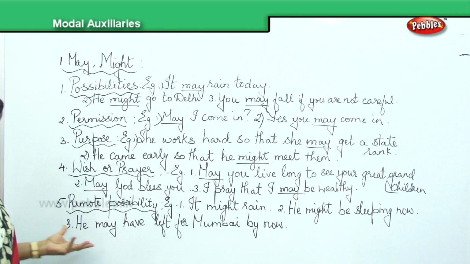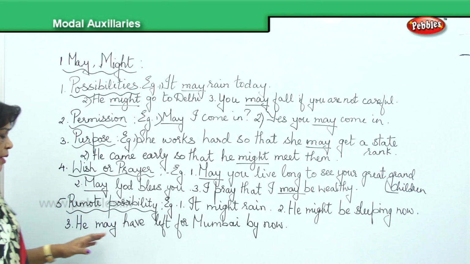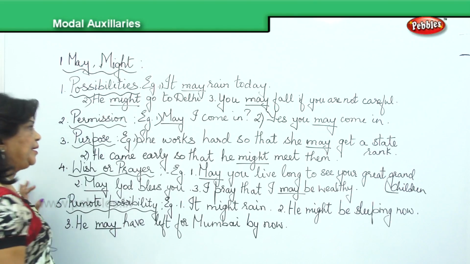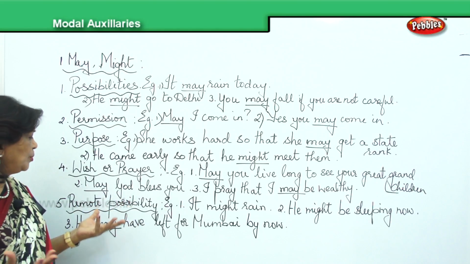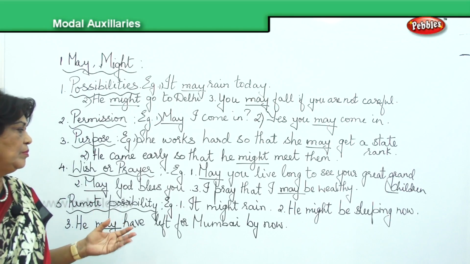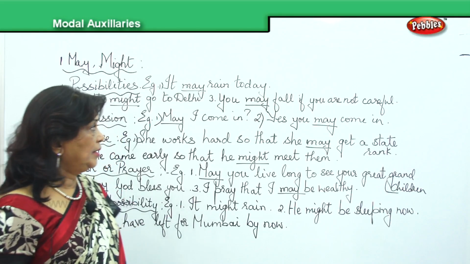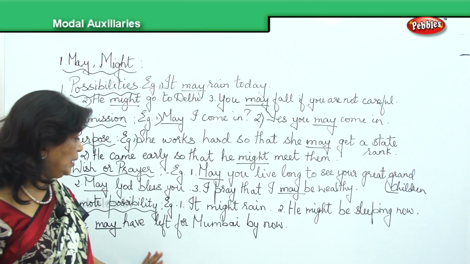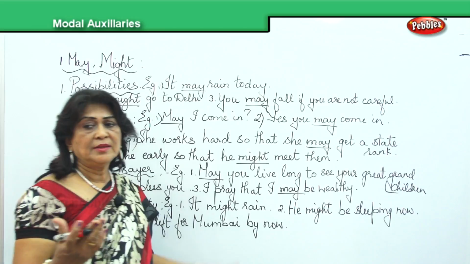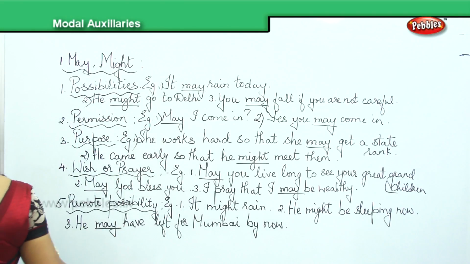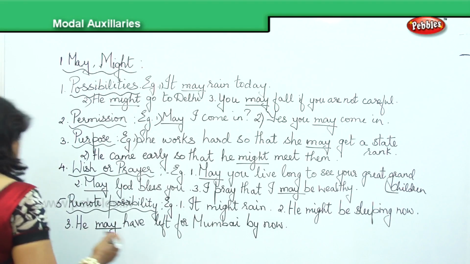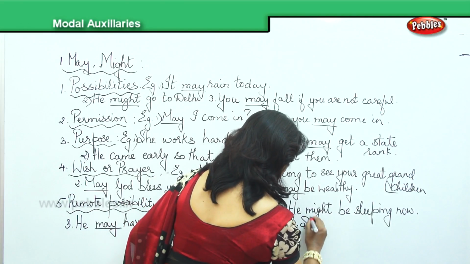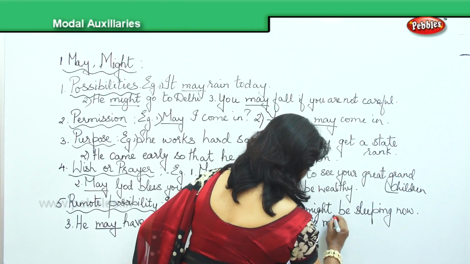That is, it's not sure, but he may have left for Mumbai by now. That is, it's a remote possibility. Possibility is like I think he would have left for Mumbai, but here he may have left for Mumbai. So, it's a remote possibility. Next one, she might have failed.